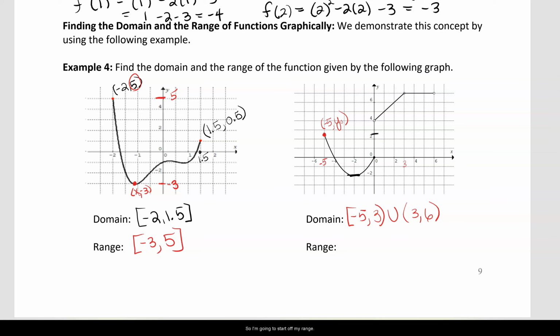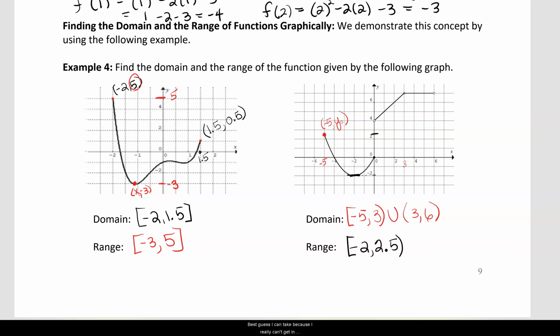So I'm going to start off my range that corresponds to y equals -2, and I scan all the way up to about right here. And that y value is roughly, I'm going to take a guess of 2.5.